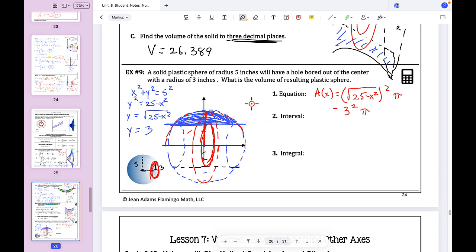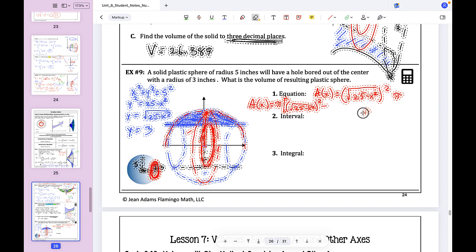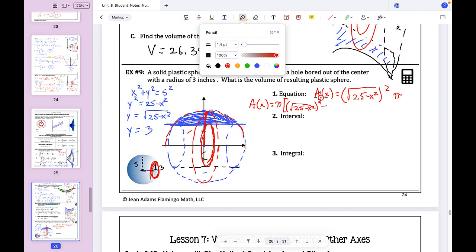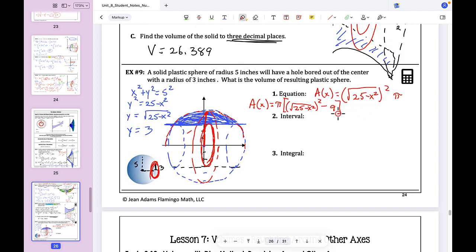So my formula is: area A of x equals pi times the square root of 25 minus x squared, squared, minus 9, or 3 squared.